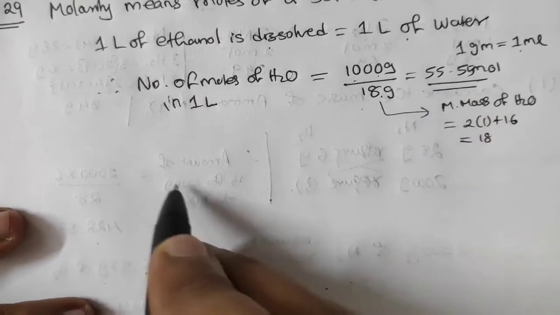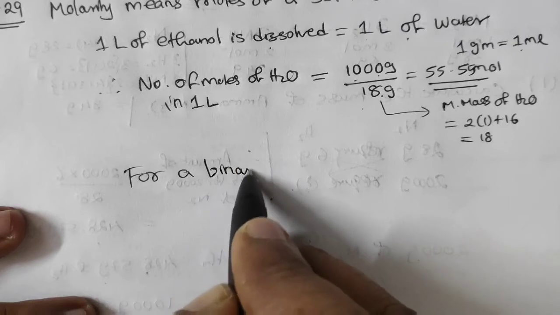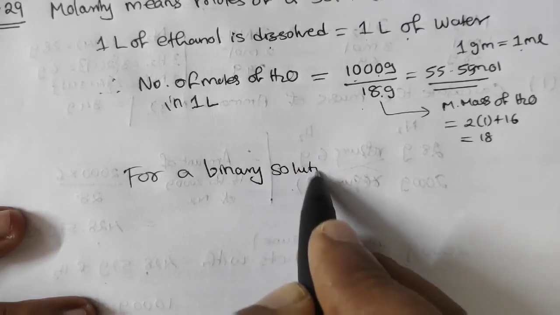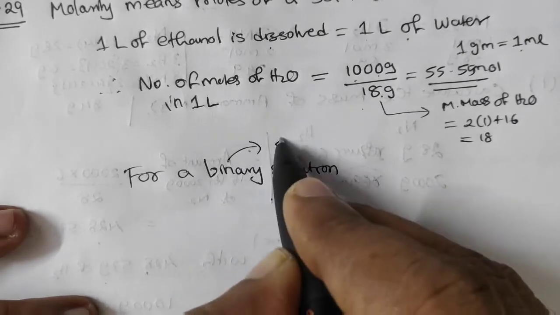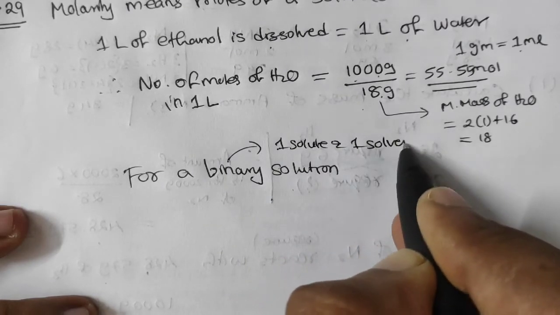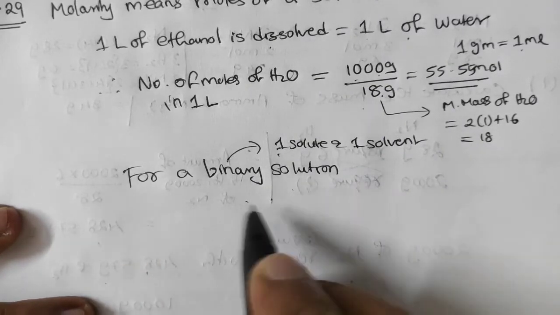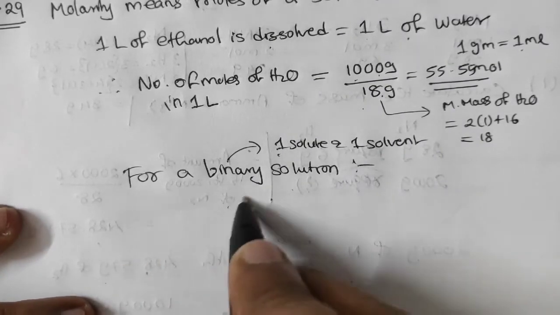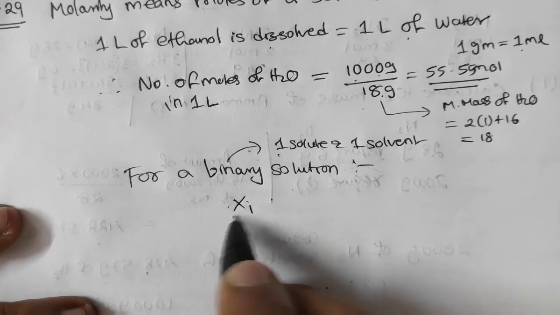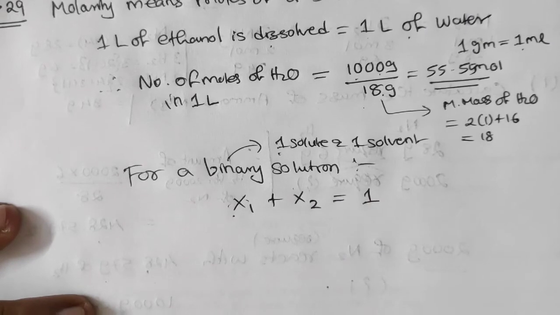Now we know for a binary solution, what is a binary solution? With 1 solute and 1 solvent, 1 plus 1 is 2, we call that a binary solution. Mole fraction of solute plus mole fraction of solvent is equal to 1, as we have studied.